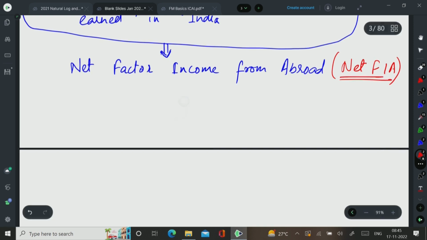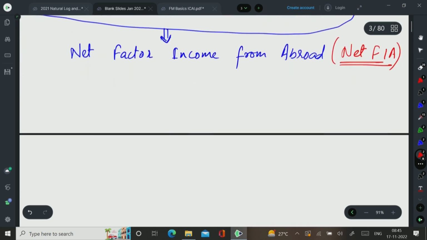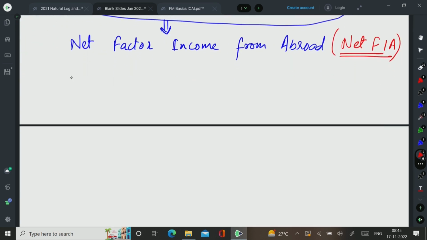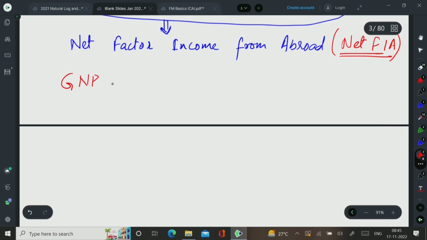So if I want to arrive at GNP MP, that is GNP, gross national product at market price, what should I do?